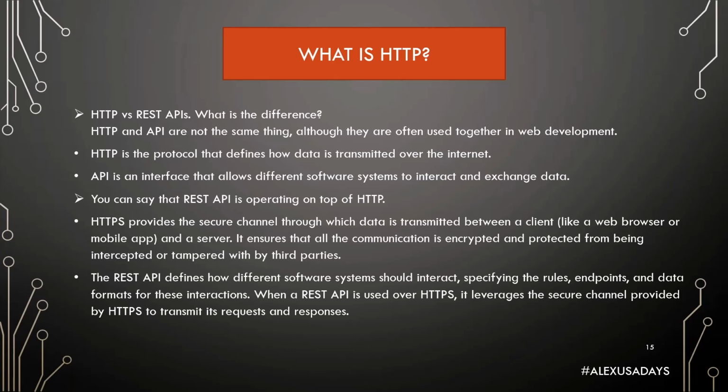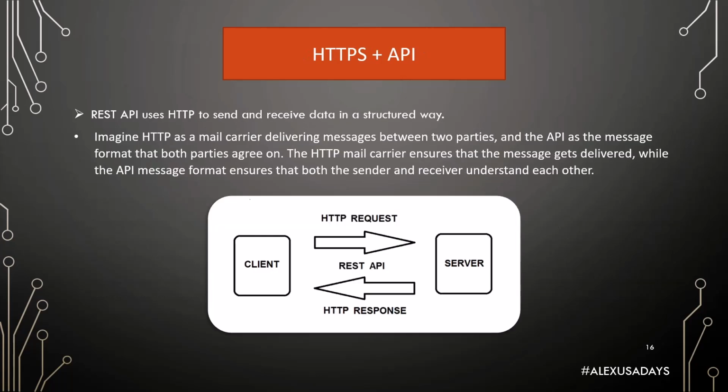The REST API defines how different software systems should interact, specifying the rules, endpoints, and data formats for these interactions. When a REST API is used over HTTPS, it leverages the secure channel provided by HTTPS to transmit its requests and responses. So the updated version of the slide we were looking at earlier in the previous videos will look something like this, right?